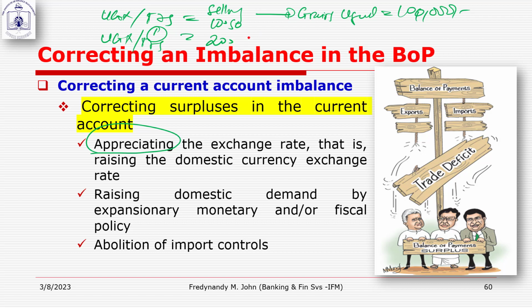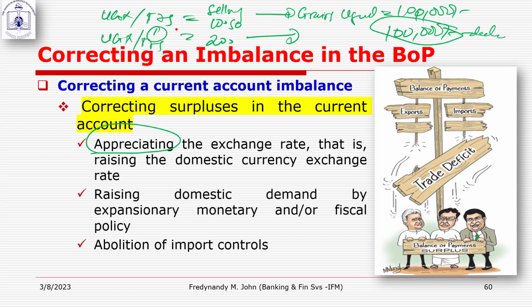What will happen here? Ugandans won't be able to afford to import the 100,000 tons of grains per month. This volume will decline.